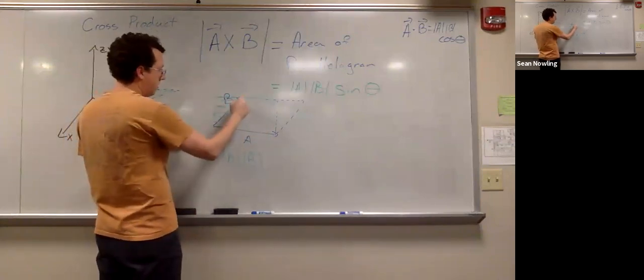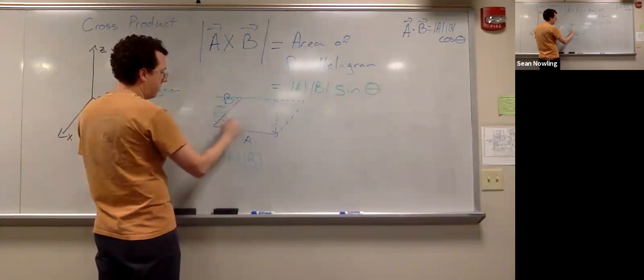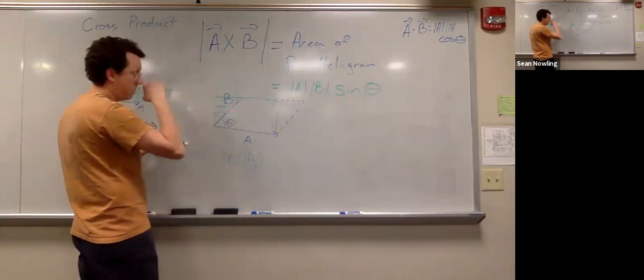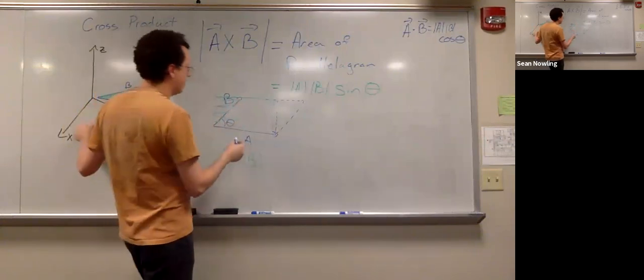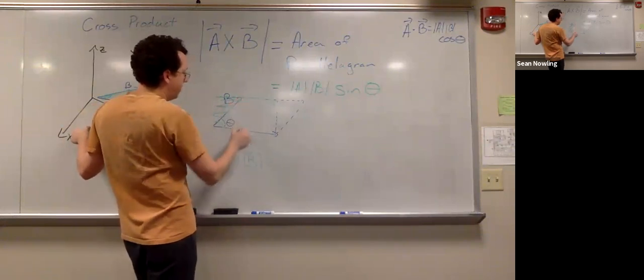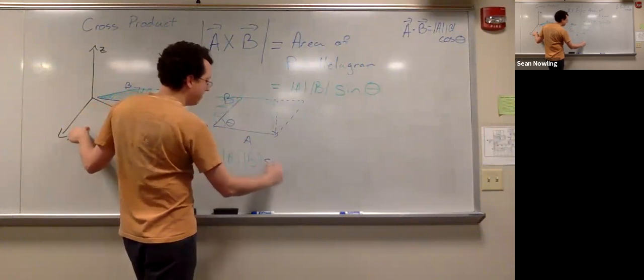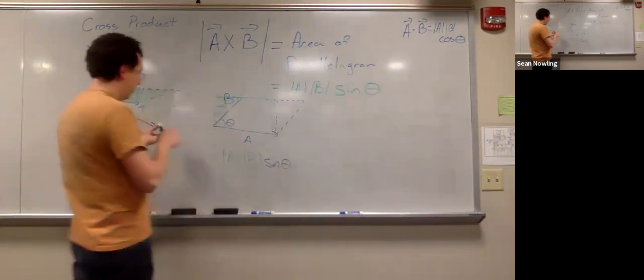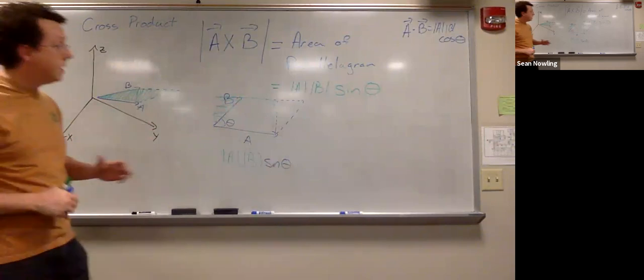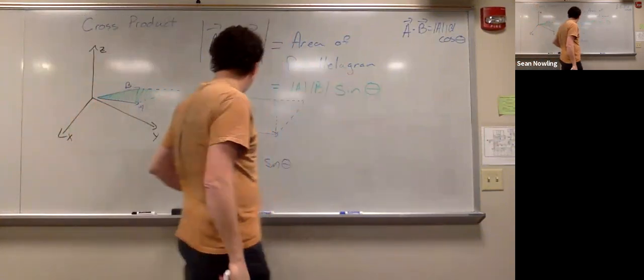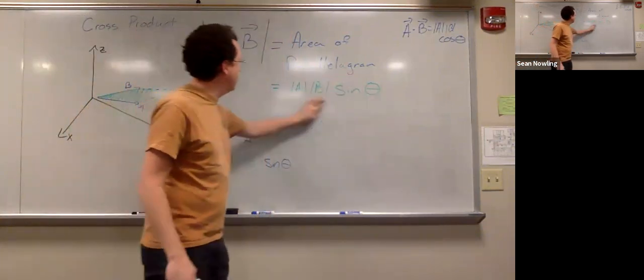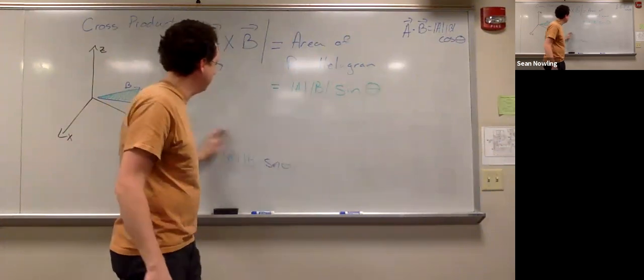Well, if this was an angle theta, the angle between the two vectors, I should have said that, the height of this is B sine theta. Okay, so the area of the parallelogram is A times B times the sine of theta.